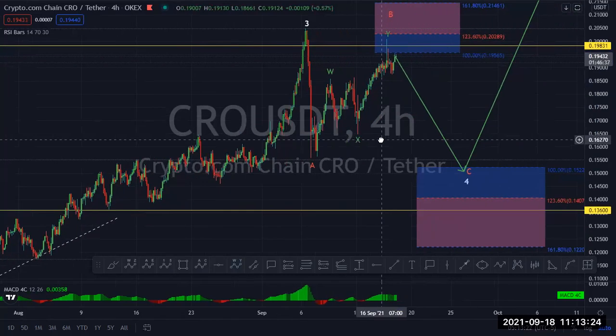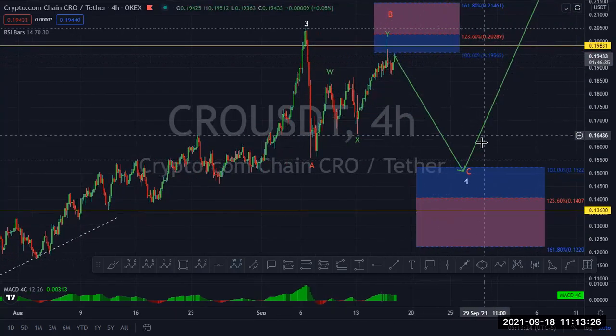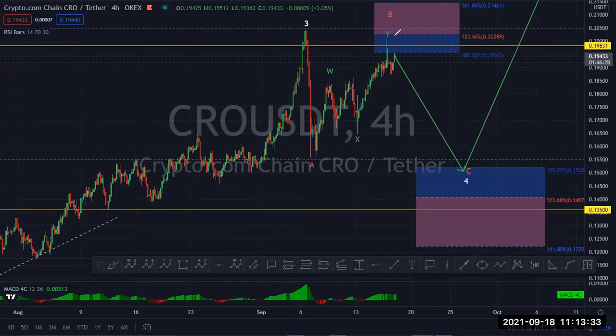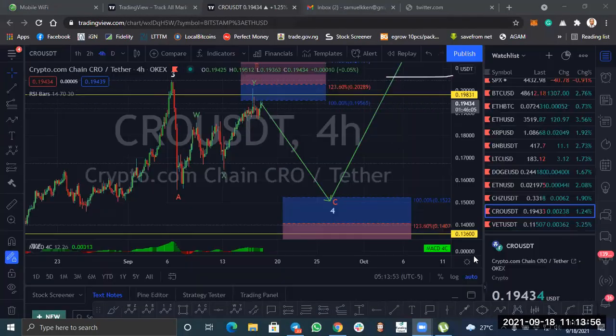I'm now looking for wave C to drop. As a matter of fact, here is the confirmation level. The selling starts when the price comes down here. That's for margin traders anyway. So set your entry if you are a margin trader on CRO. Expect it to drop to this level before the buying resumes.